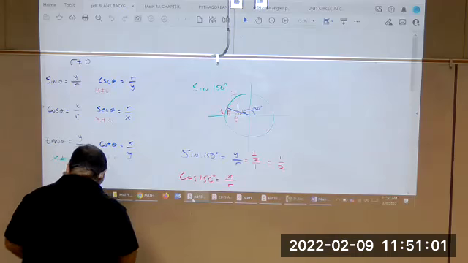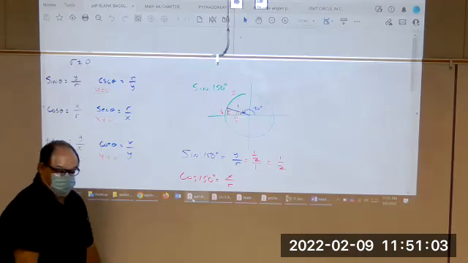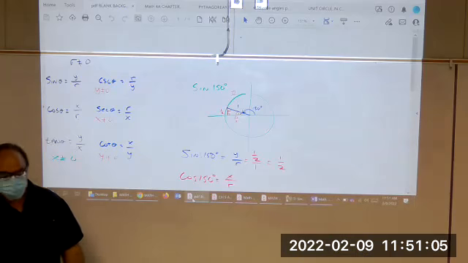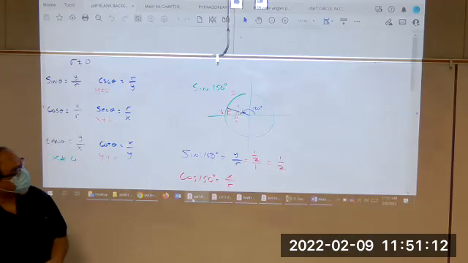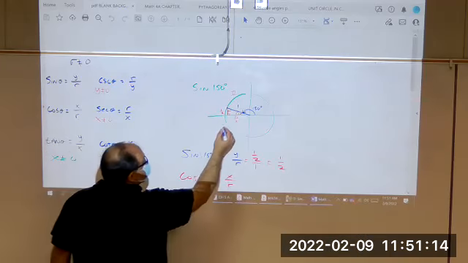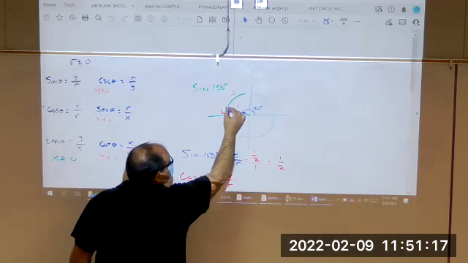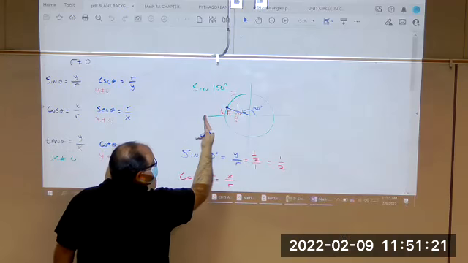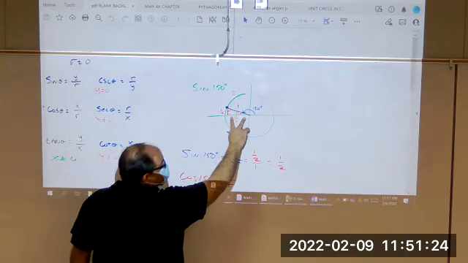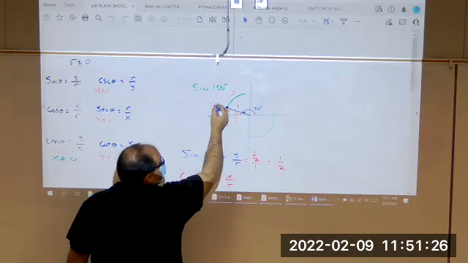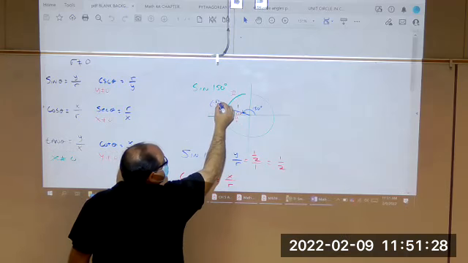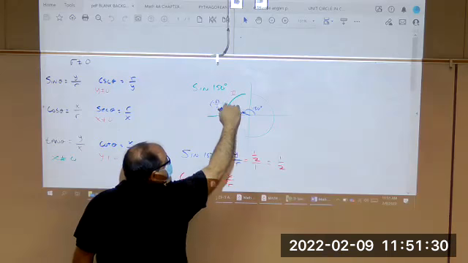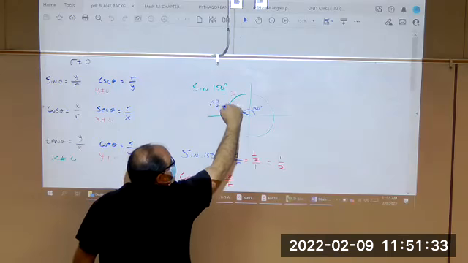Now, this is where it gets to be fun if you do it right. First thing you got to think of, pluses, minuses. Because it's based on coordinates. When you go to the left, x is negative. So the length of the triangle is square root 3 over 2. So the x coordinate is negative square root 3 over 2. But because it's in quadrant 2, it's up.